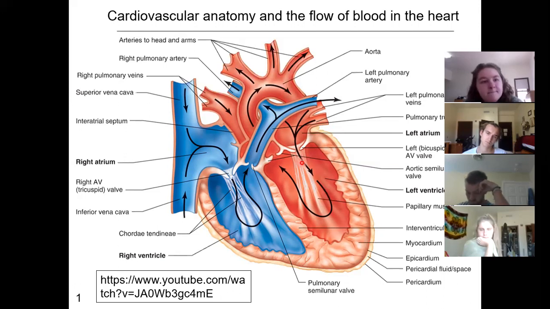That pressure increase closes the bicuspid valve and opens the aortic semilunar valve and forces blood from the left ventricle into the aorta, where it flows to the head or to the body. So that's the story of blood flow through a heartbeat.